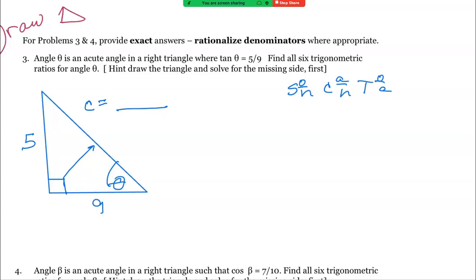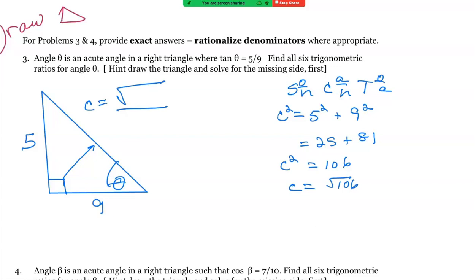I'm going to say C squared equals 5 squared plus 9 squared, and 5 squared is 25, 9 squared is 81, this is 106, that is C squared. I want C, radical 106, and I'm good.